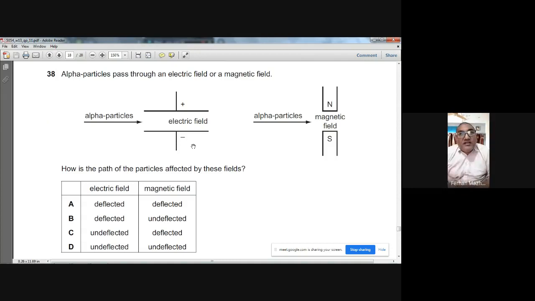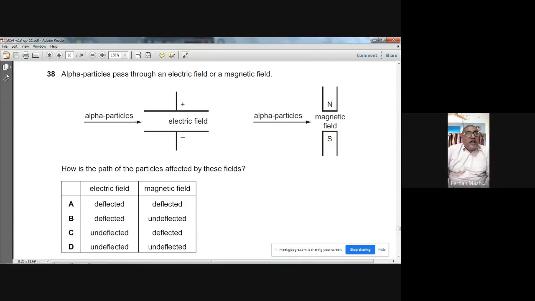And how is the path of the particles affected by these fields? Alpha particles are charged particles. They are positively charged. When they pass through the magnetic field, they will deflect. So he says in the electric field they will deflect, and in the magnetic field they will deflect.